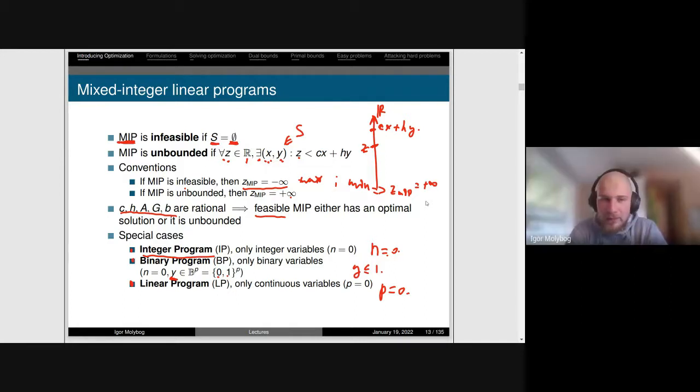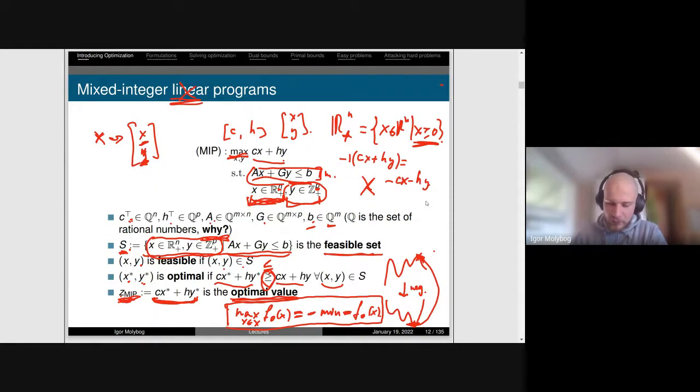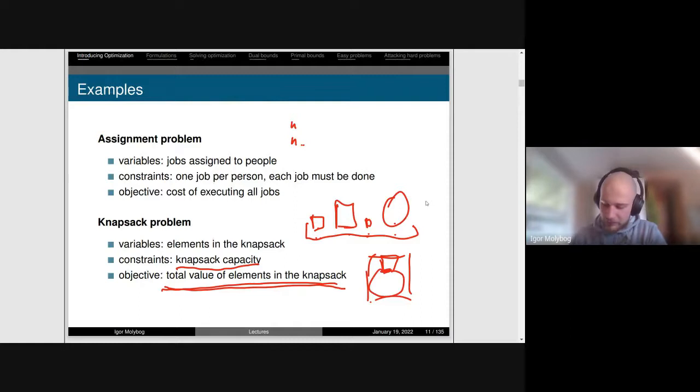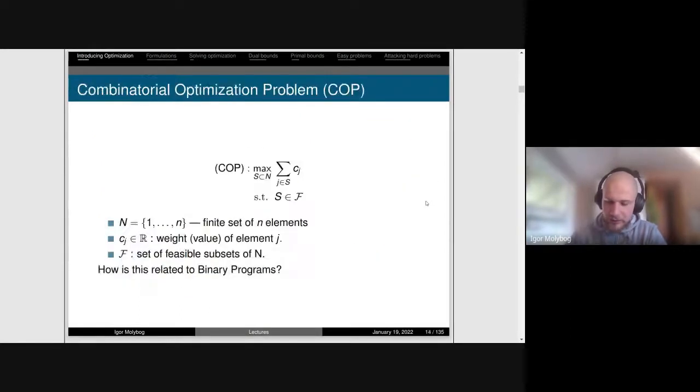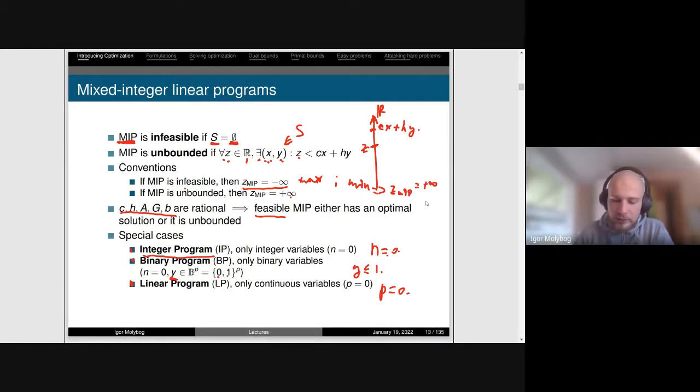Yeah. So if the data is irrational, okay, this is quite a complicated matter. Let me see if I can draw that right here. I will give you an example. Let's think about it this way.